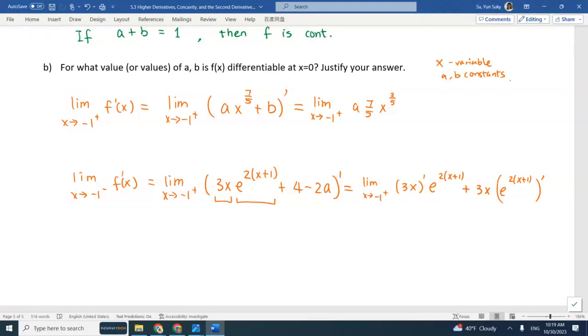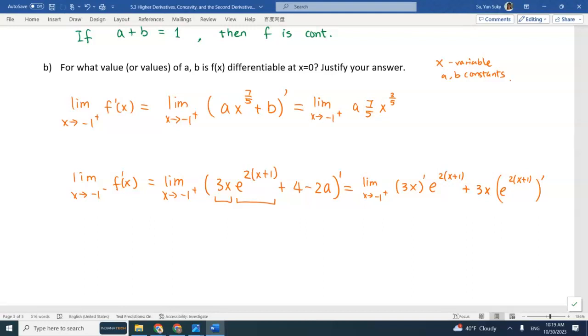And how about the derivative of 4 - 2a? a is a constant. The derivative of a constant is 0. Yes. So a and b are constants. It has no difference than 5 or 10, a number. As long as this is a number, the derivative is 0, no matter how complicated it looks.